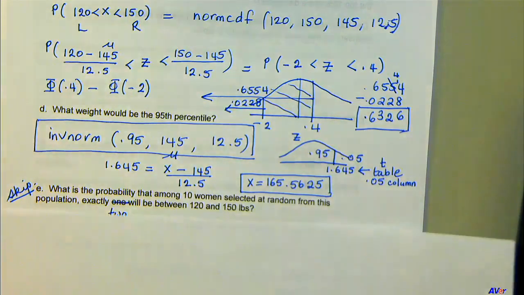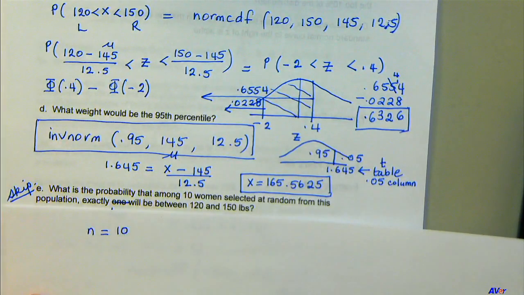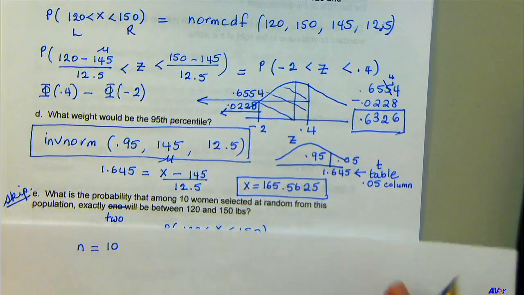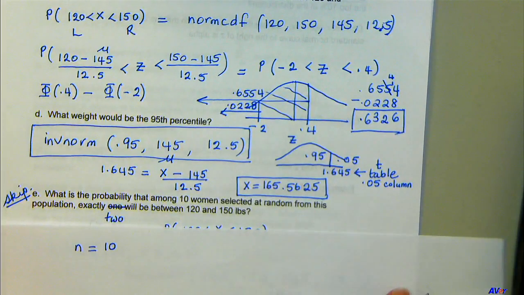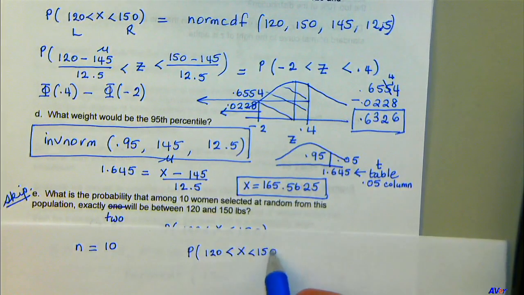So I'm dealing with 10 trials, 10 people, each person is a trial, selected at random from this population, exactly 2, changing this word 1 to 2, will be between 120 and 150 pounds.